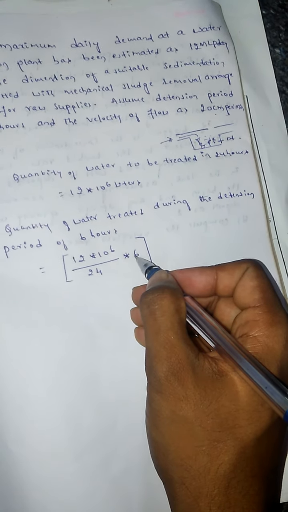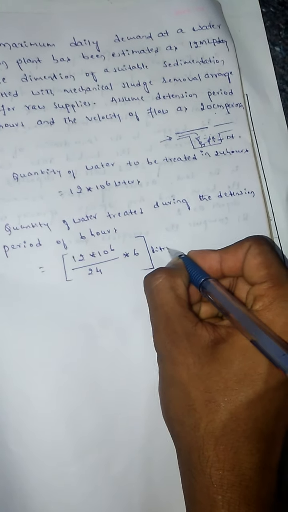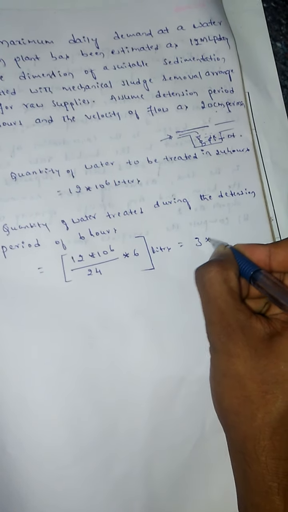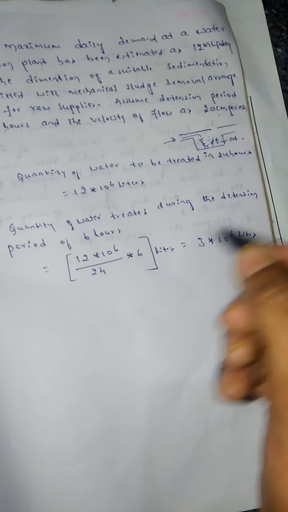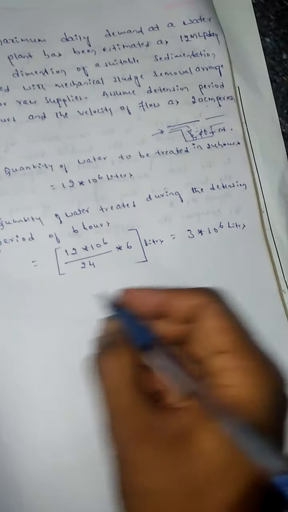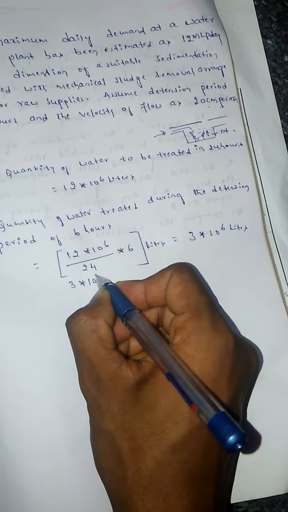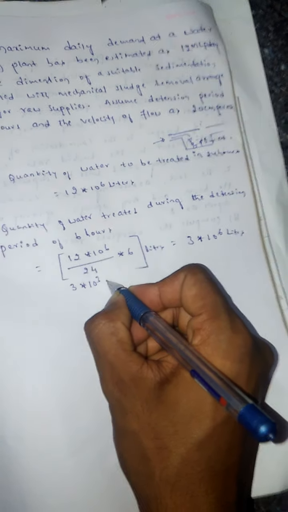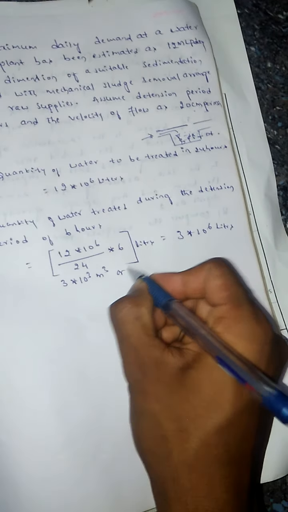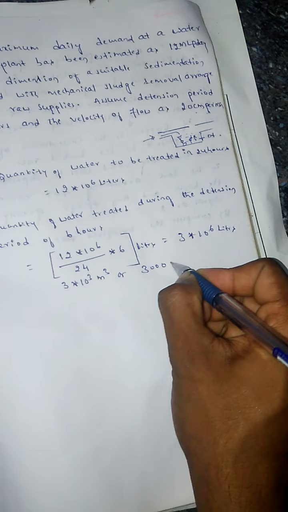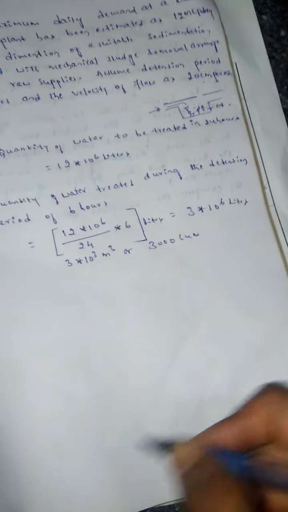The 6 hours is converted into minutes, since the velocity is in centimeter per minute. We need to divide it by 24. So we get 3 into 10 power 6 liters. We can also write it as 3 into 10 power 3 meter cube, or 3000 cubic meter.